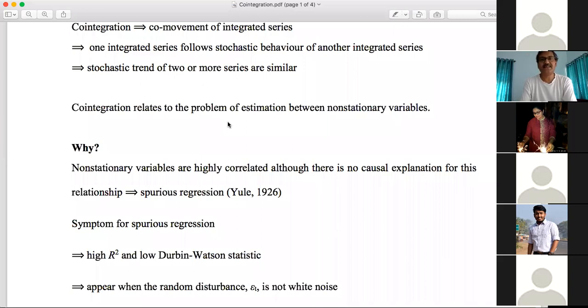Correlation coefficient suggests the degree of relationship between two or more variables. So, in the case of a time series, if you have high correlation, you can expect the variables to be correlated. Okay, so this kind of correlation, if we take it purely in statistical sense, there is no problem.